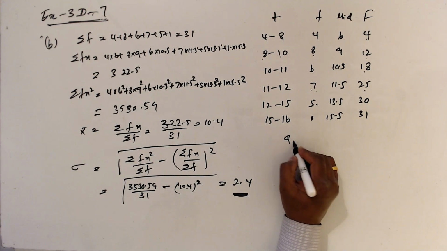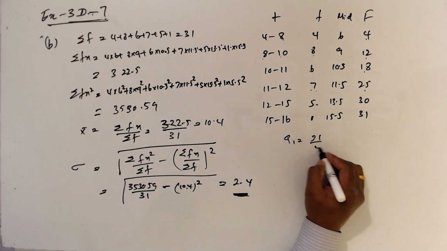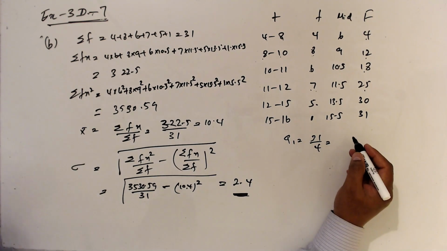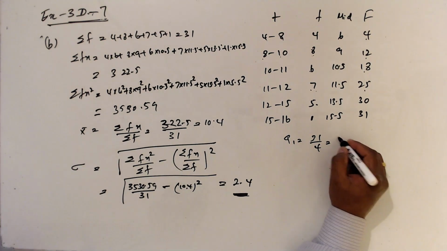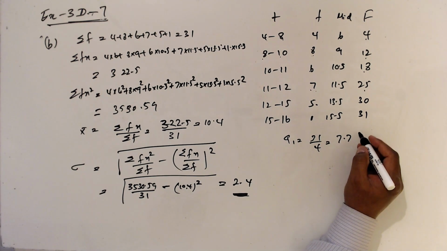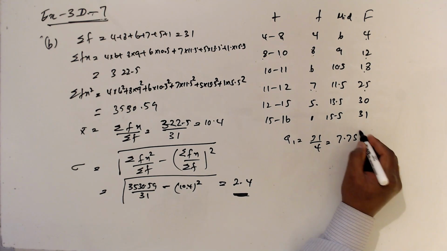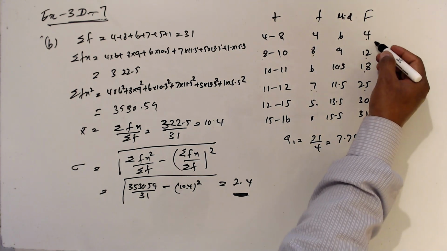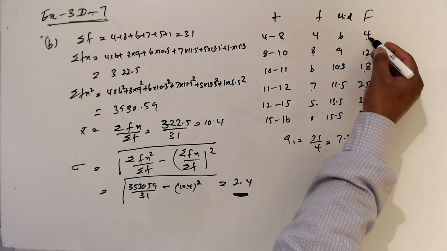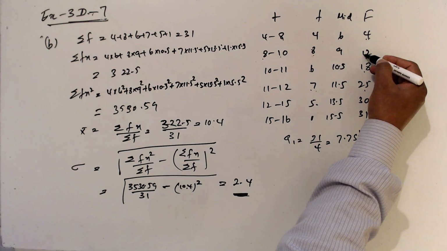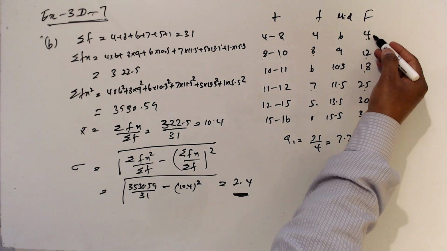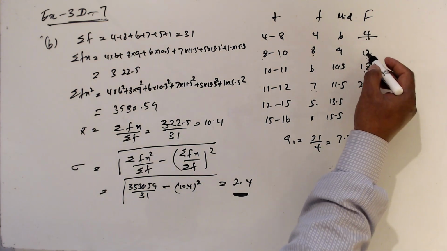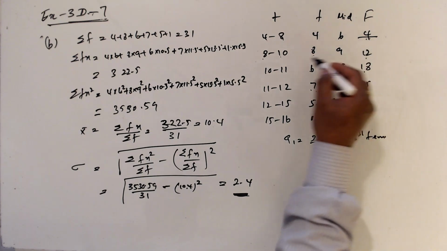Now Q1 equals 31 divided by 4, that is 7.75th term. So that term is between 4 and 12, in this group.